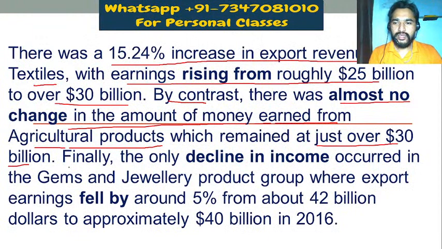So finally, we have the only decline in income occurring in the gems and jewelry product group, right?